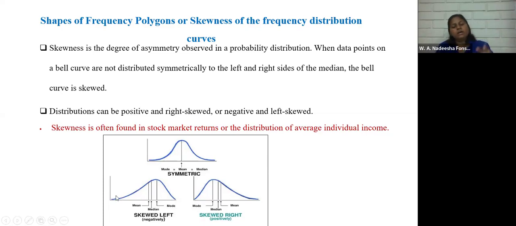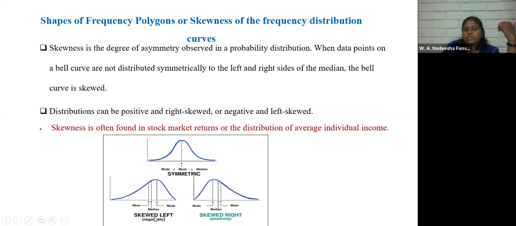It means there are only a few numbers on the left side and more numbers are skewed to the right side. This tail is on the left side. This is called skewed left. Here the tail is on the right side. It's called skewed right.